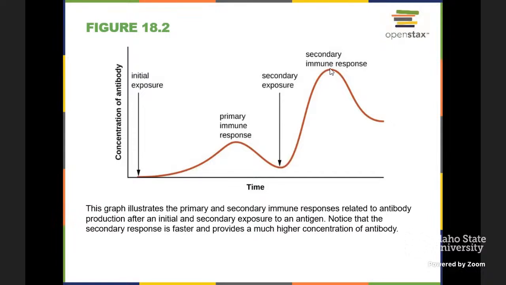The level of antibody is much greater than the first exposure. And the result of that are all of these memory cells that are already present. They start differentiating back into the plasma cells, the antibody secreting factories, and we ramp up these populations. So the second exposure, we see a big boost, and then it starts to decline again.